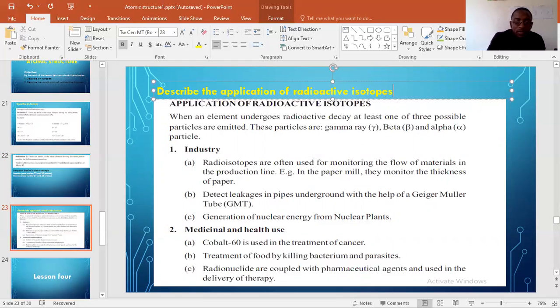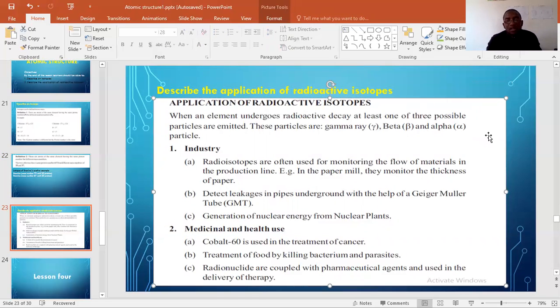Just to give a brief background about these radioactive isotopes, we have elements that have a very unstable nucleus, and these elements undergo what we call radioactive decay.